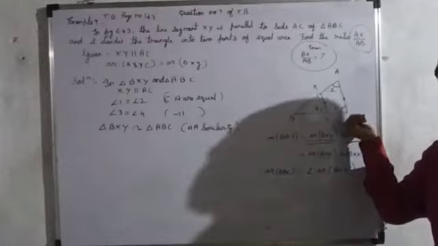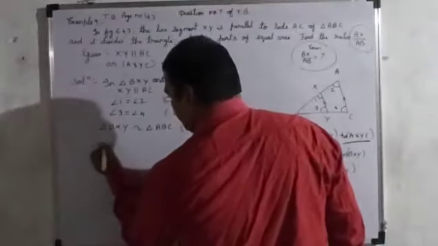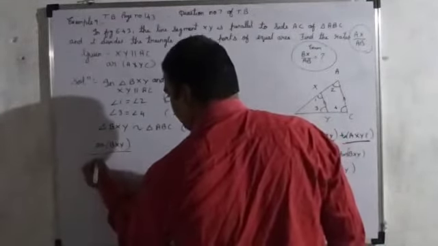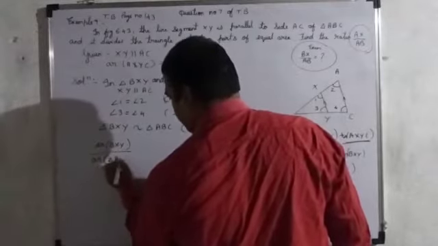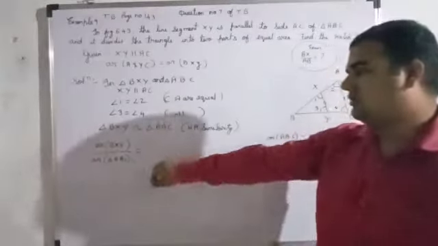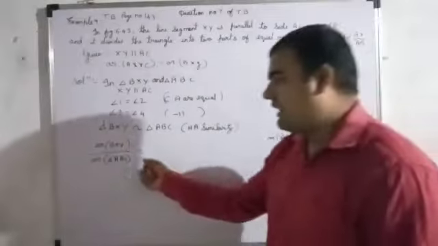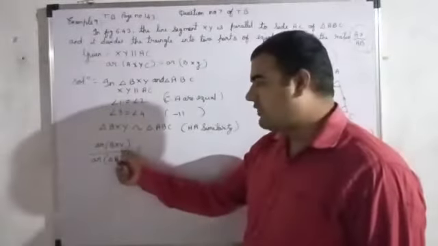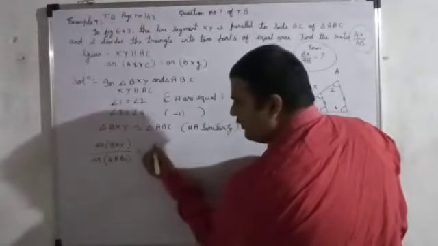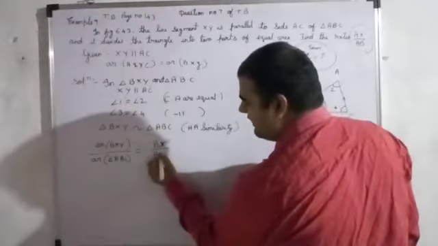You will use theorem 6.6. What is it? We will write the statement also if it is required. Area of BXY upon area of triangle ABC. If two triangles are similar, then the ratio of the areas of similar triangles is equal to the square of the ratio of the corresponding sides.